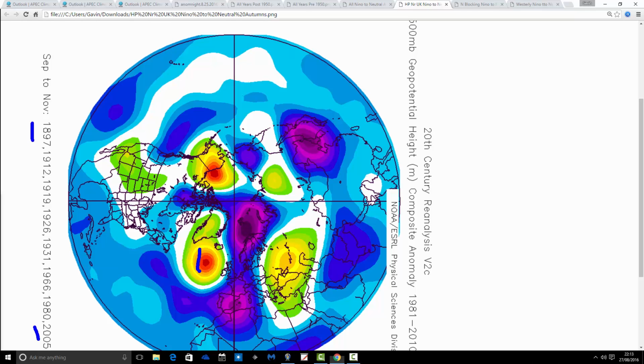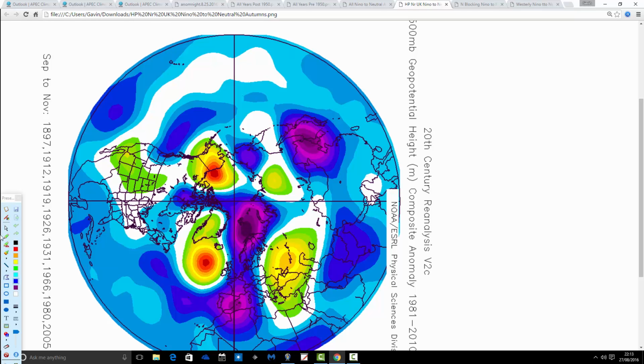And what we see is that the ridge is generally centred to the west, and the trough is through Scandinavia, down into central parts of Europe. The air is Atlantic origin based, so it's not particularly cold. Fairly dry autumns, but overall not desperately cold because high pressure is generally to the west, which keeps the flow off the Atlantic. That's the majority of autumns.